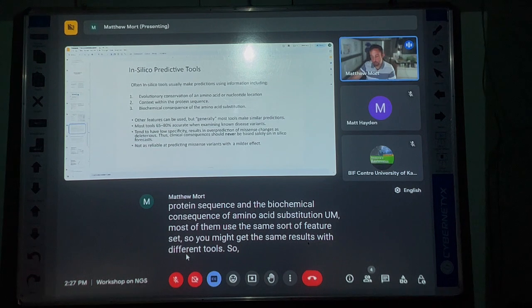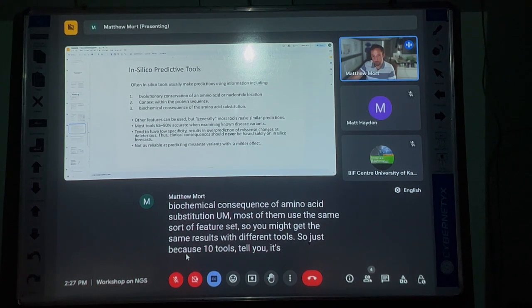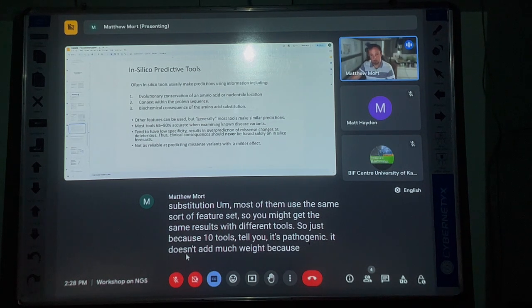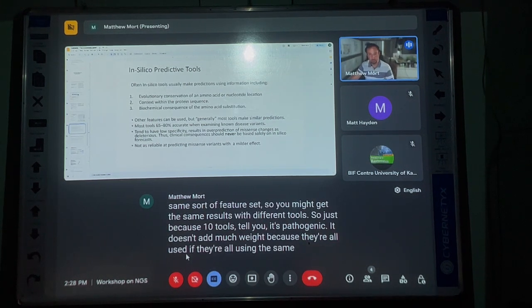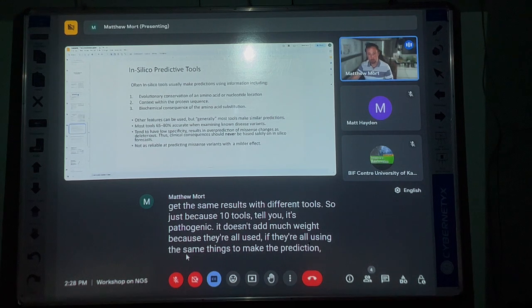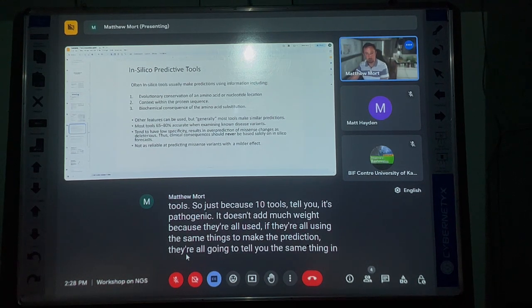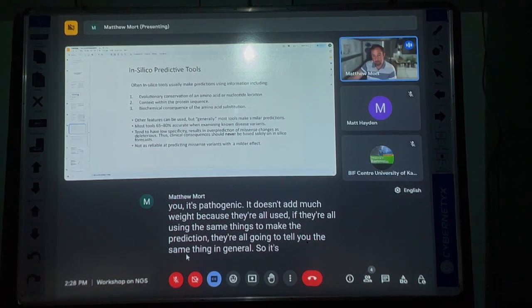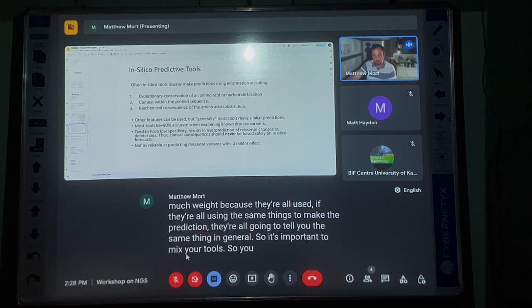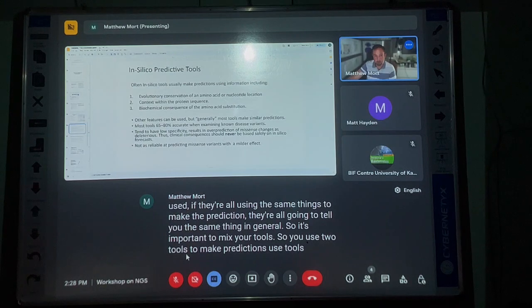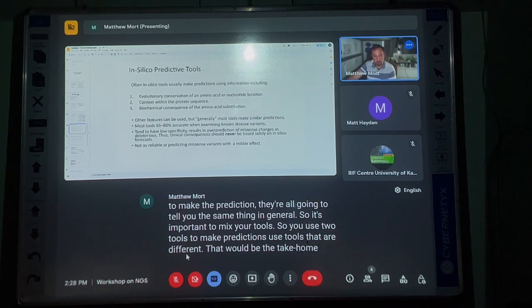So just because 10 tools tell you it's pathogenic, it doesn't add much weight because they're all using the same things to make the prediction. They're all going to tell you the same thing in general. So it's important to mix your tools. Use two tools to make predictions, and use tools that are different. That would be the take-home message.